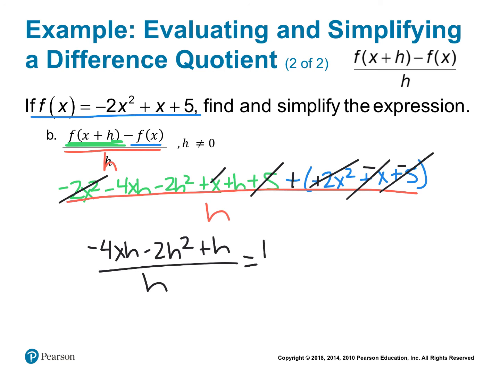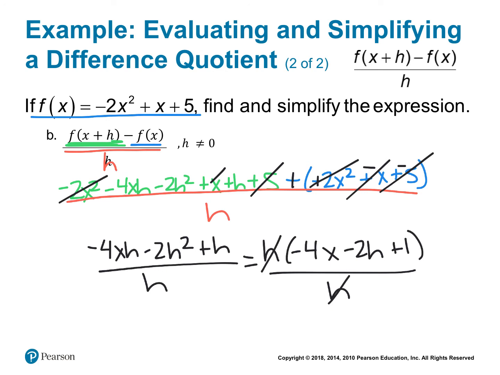So I can factor out that h from the top. That leaves me with negative 4x minus 2h plus 1 all over h. Finally, the h's cancel.